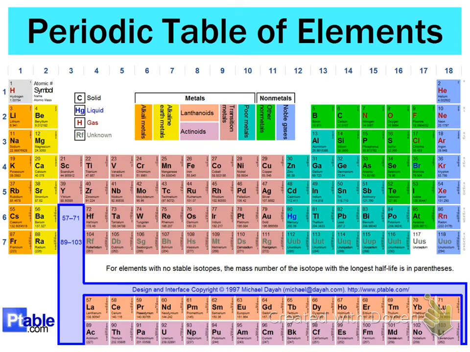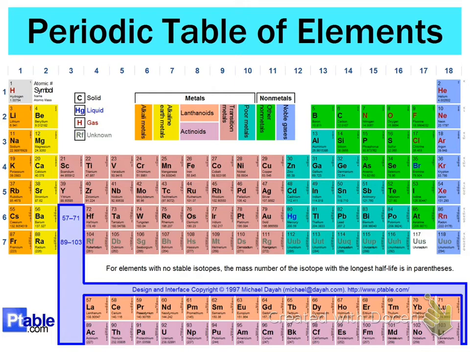There's also a way to show you which elements will accept electrons and which will donate electrons, and that will make a lot more sense when we start talking about bonding and making chemical compounds.